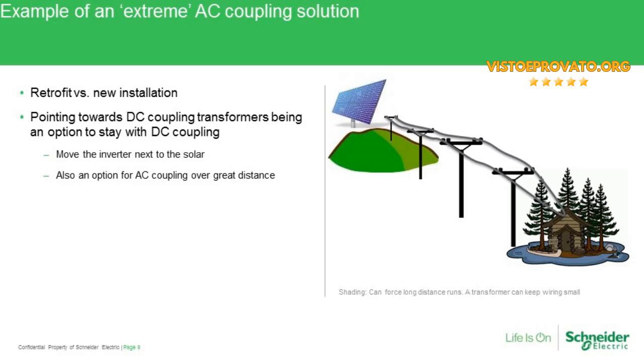So if you have extreme shading issues and you've got to put the array at a great distance, financially this ended up making more sense than trying to run big copper at even 500 volts. It wasn't going to be a possibility. So again, we had a grid tie inverter at the top, a step-up transformer to about 3,500 volts, shot that distance, and then we had a step-down transformer at the other end.